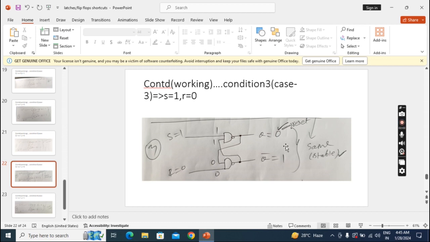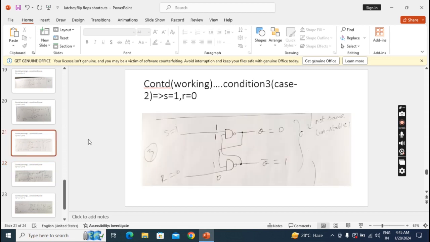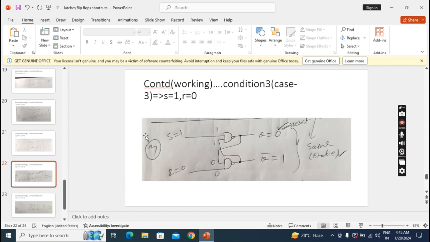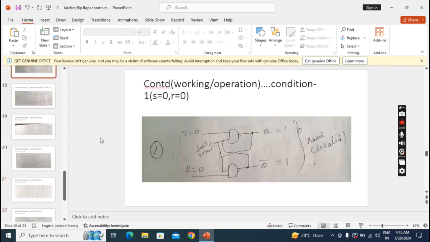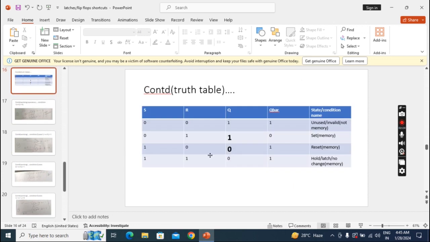So it is stable, because in case 2 what we got was Q0, Q bar 1. Here also we got Q0, Q bar 1. So this is the stable output. We have to take it as the final output for condition 3, and note it down in the truth table. So for S1 R0, what is the output? Q equal to 0, Q bar equal to 1.